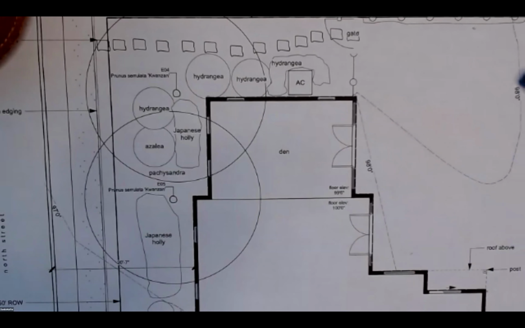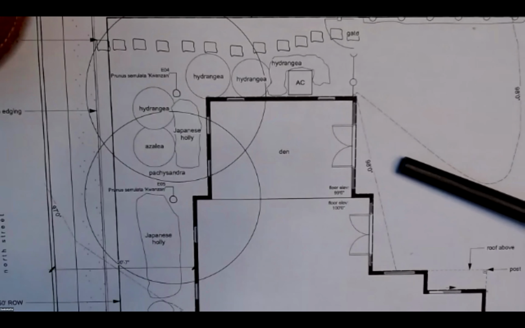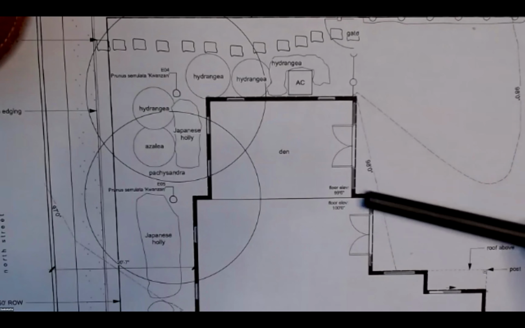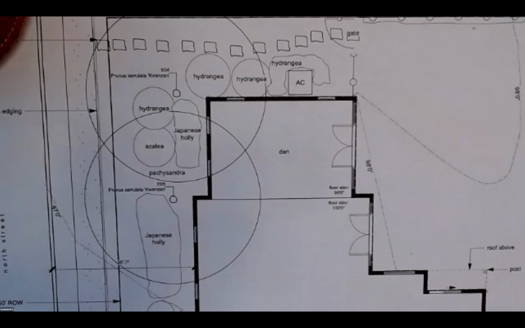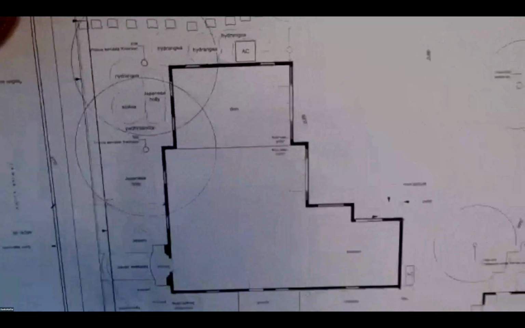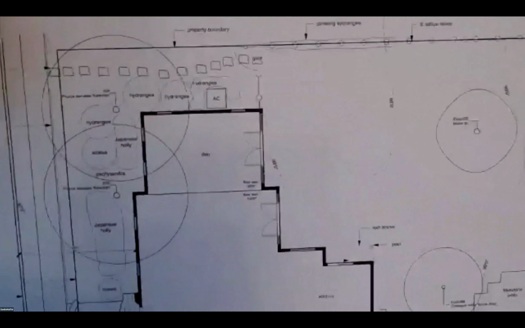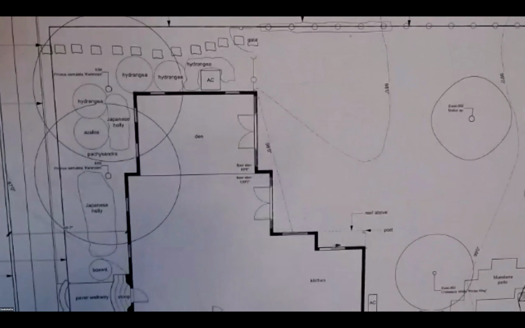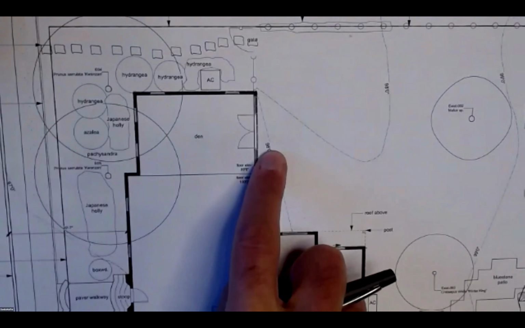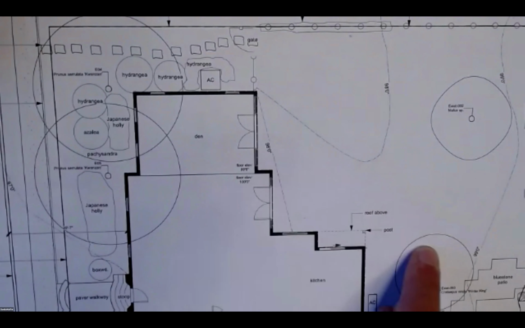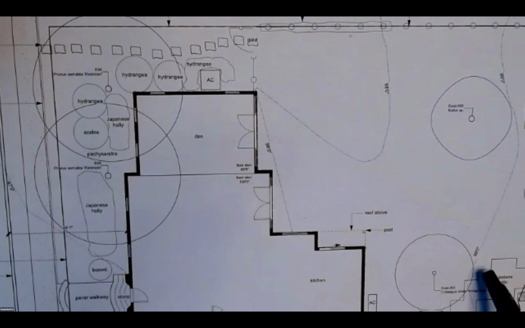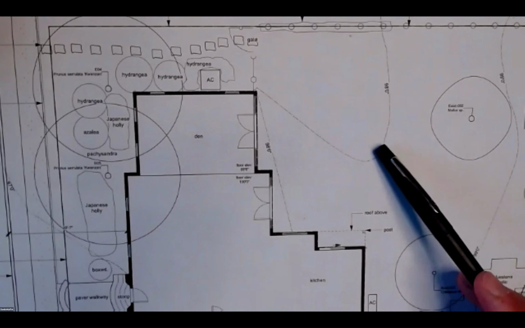This drawing also has topography or contour information. We can see this dashed line here is giving us information about landform. This is labeled as 98. This line over here is labeled as 99. So by reading this drawing, we know that the ground is 99 feet above sea level, going down to 98.